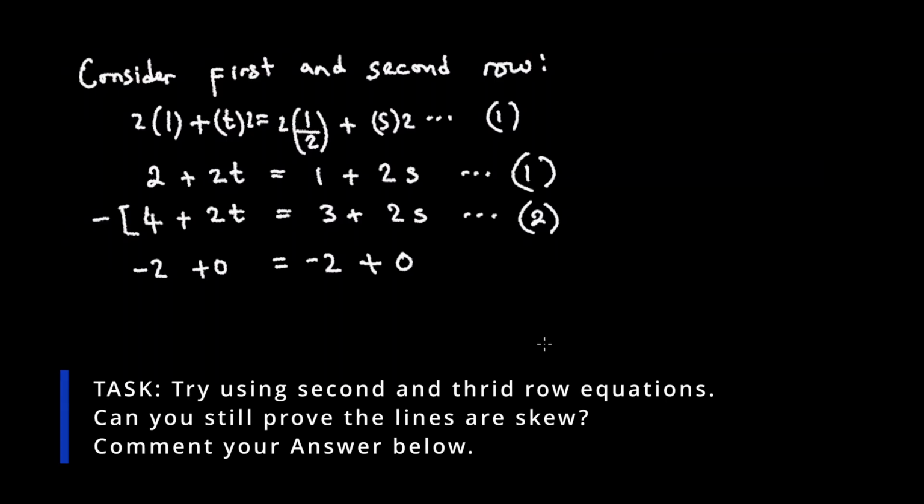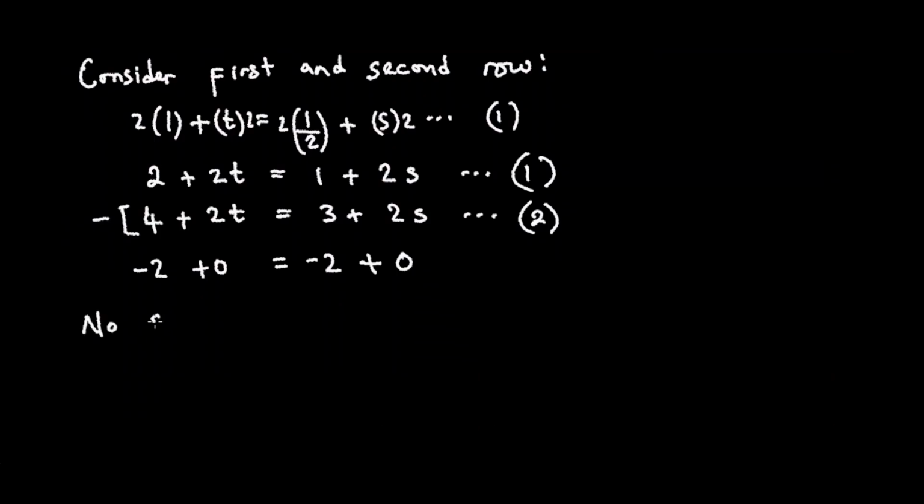So the conclusion here is that if we solve the first and the second equation, we see that we have no solution. We have no solution for t or for s, since the lines have no common point. So no solution for t and s means the lines have no common point.